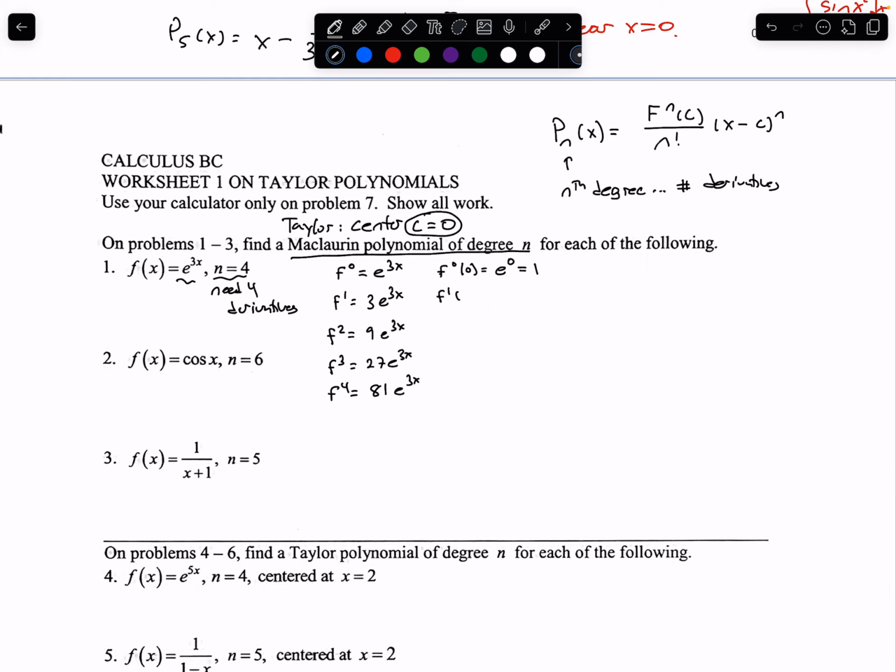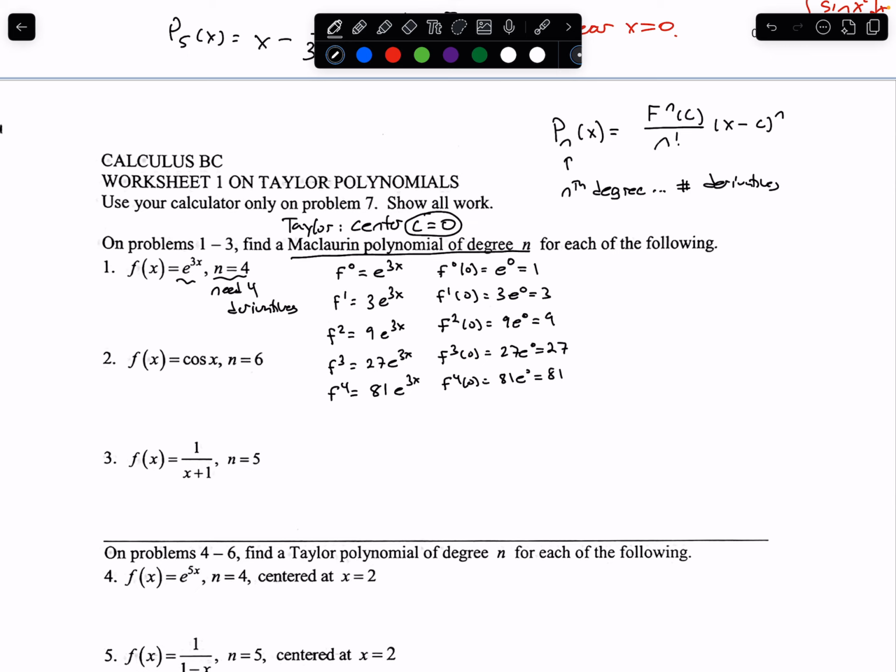The value of the first derivative at 0, we're going to get 3e to the 0, and that's going to become 3. The value of our second derivative at 0, we're going to get 9e to the 0, and that's going to give us 9. The value of our third derivative is going to become 27e to the 0, which is 27. And then the value of our fourth derivative would be 81e to the 0, which is just 81.